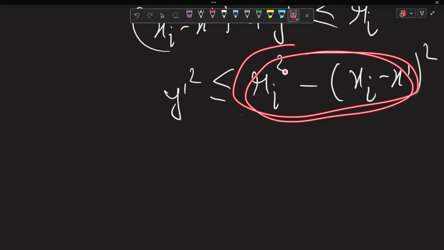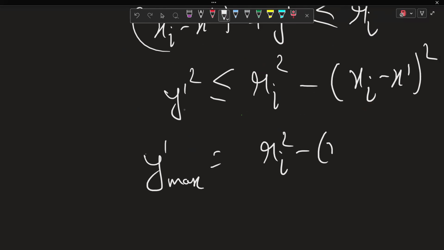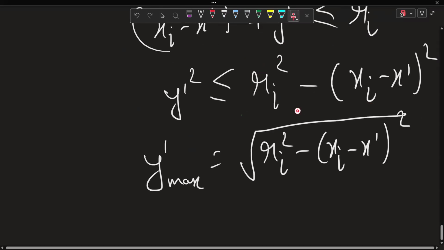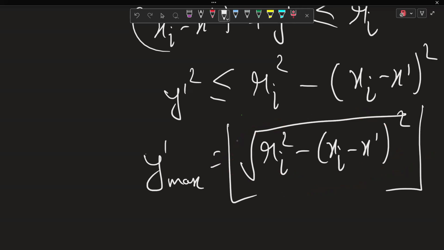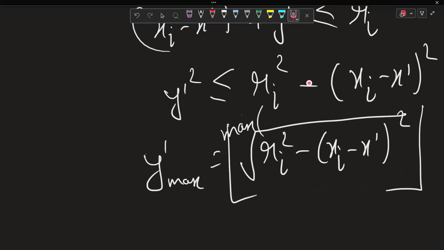So basically, the maximum y dash you can get is the square root of ri square minus xi minus x dash square, taking the floor value, the integer value of that. This would be the y dash max, and you would take the max over all the i, because the point may lie in any one of the circles, it doesn't matter.